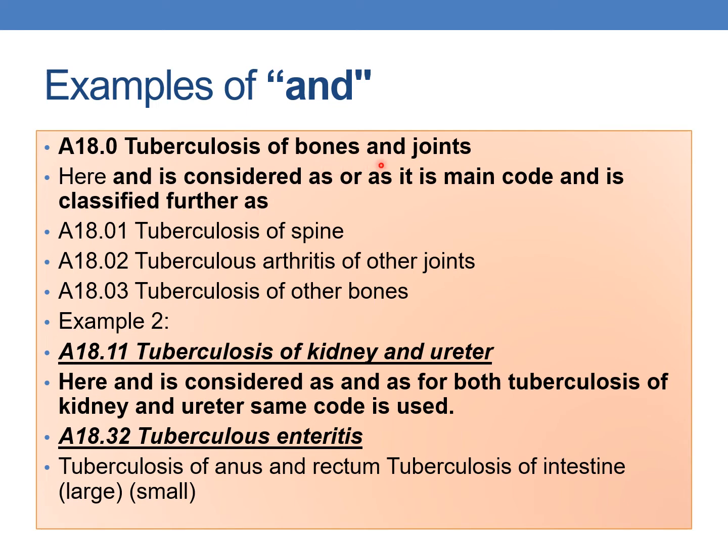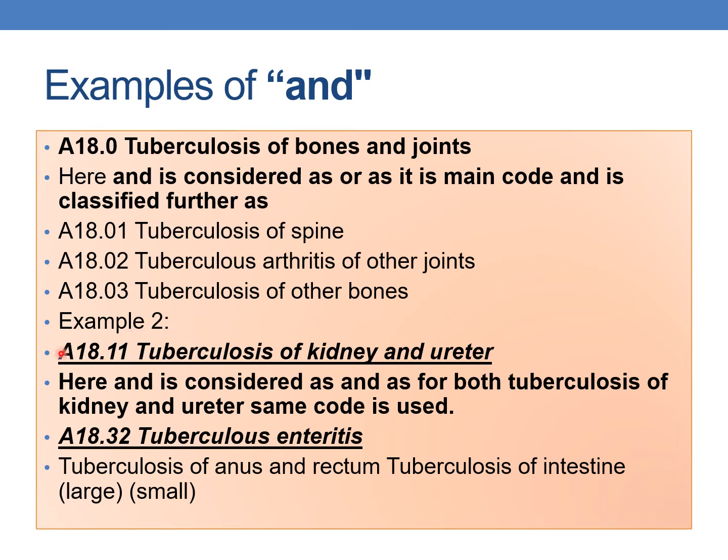It is further classified as A18.01 for tuberculosis of spine, A18.02 tuberculous arthritis of other joints, and A18.03 for tuberculosis of other bones. Here, in the A18.0 series, "and" is considered as "or" because you have separate codes for tuberculosis of bones and tuberculosis of joints.